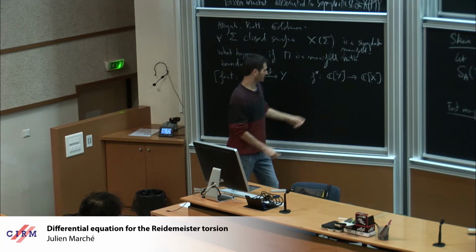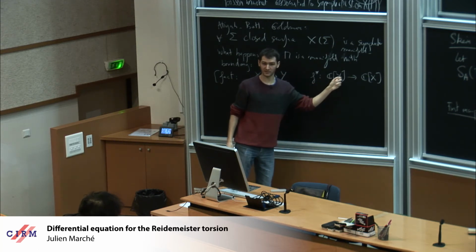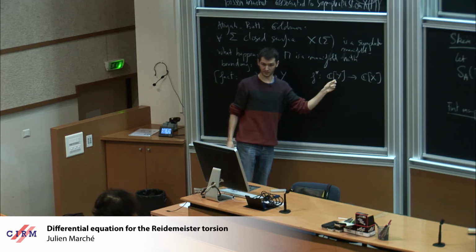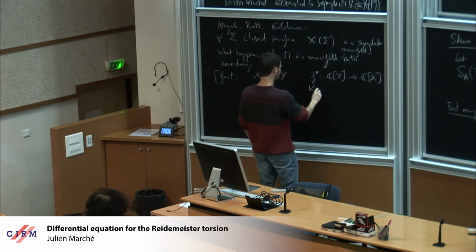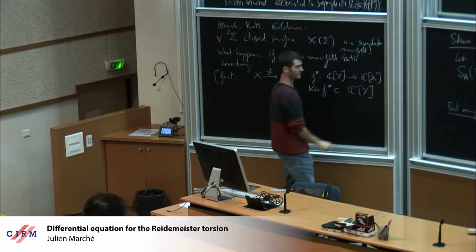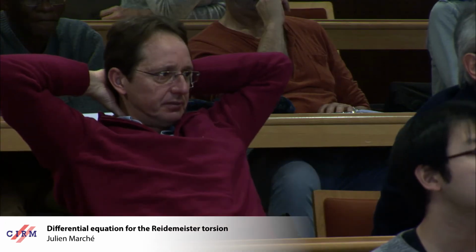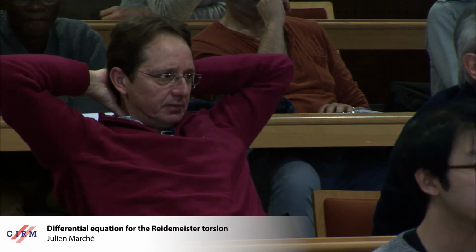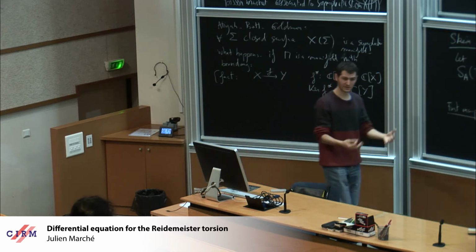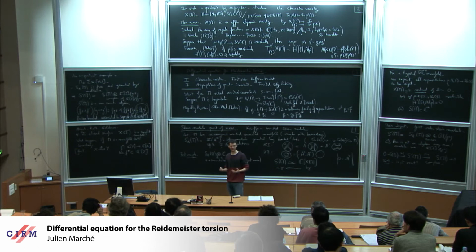So here, if you look at the kernel of this map of algebras, the kernel of F star is an ideal, and an ideal corresponds to a subvariety of Y. It's an ideal of functions which vanish on some subvariety of Y. Which subvariety is it?